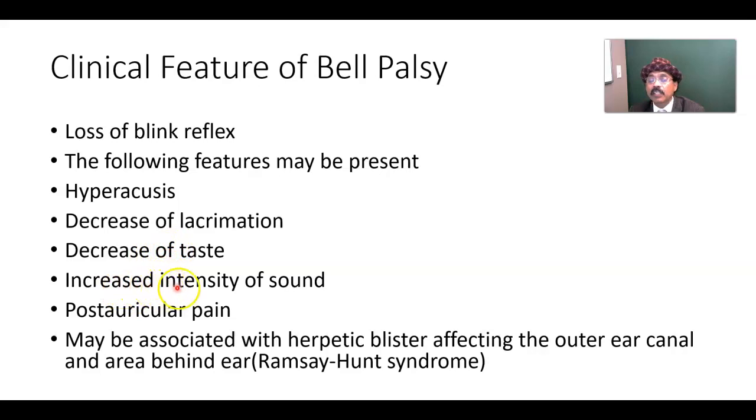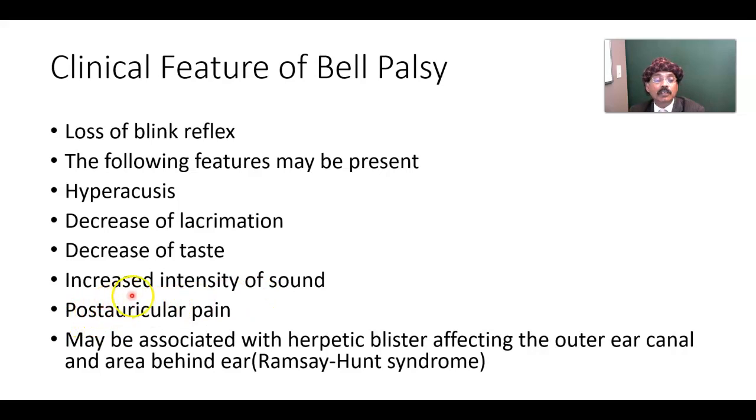Increased intensity of sound, we call it hyperacusis, especially when a person receives a telephone call, the patient will complain of a very loud sound, too much intensity of the sound. That may happen in a certain percentage of the population.